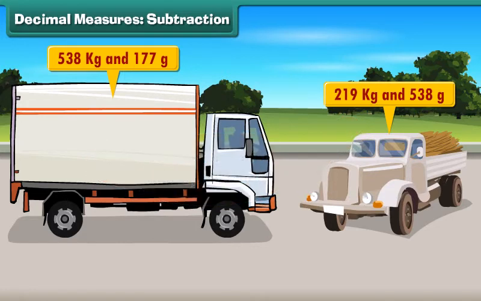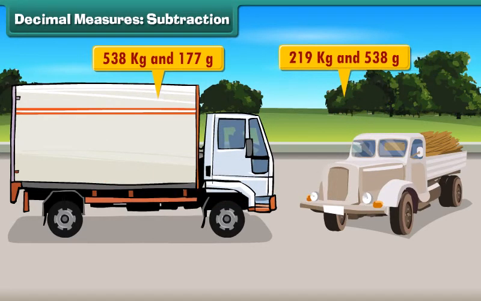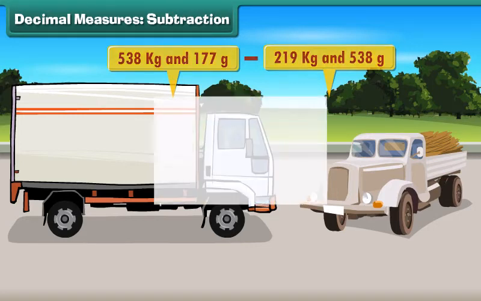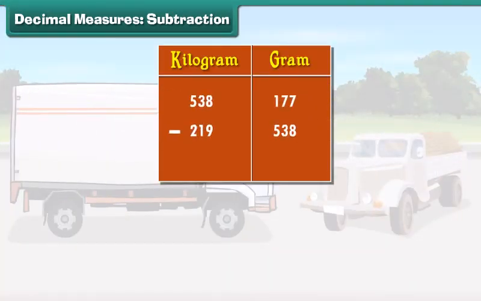We can find the extra load in the first truck by subtracting second quantity from the first, following the same way as used in case of addition. Since 538 grams cannot be subtracted from 177 grams, 1 kilogram is borrowed from 538 kilograms. It is converted into grams and added to 177 grams to get 1177 grams.